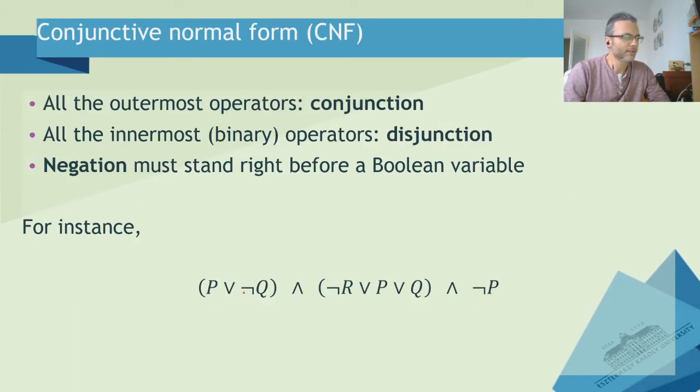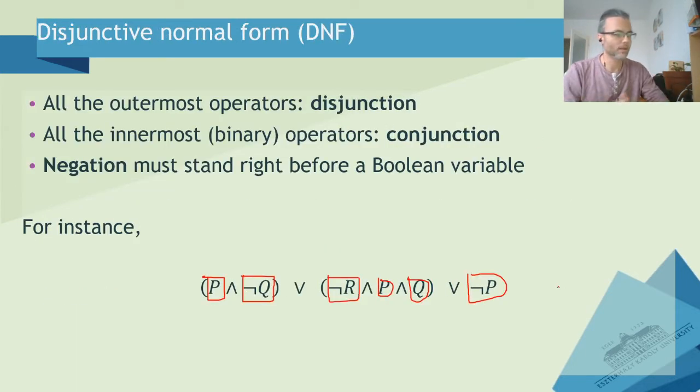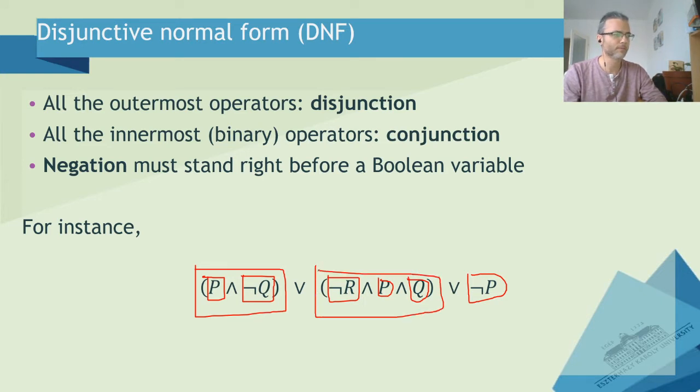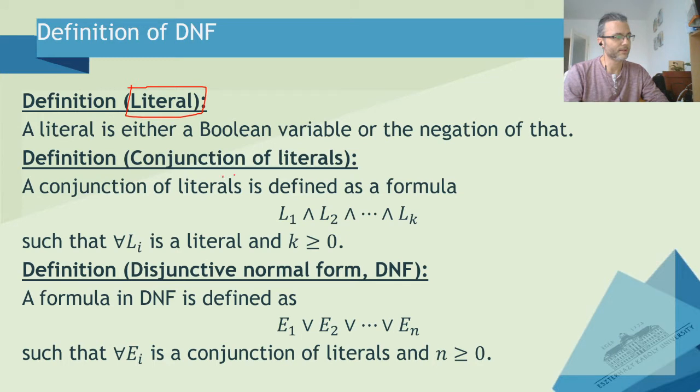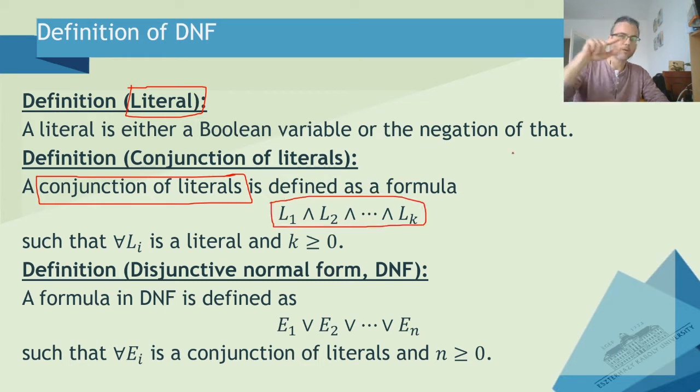Okay, so these are the literals here. Then the next layer of the formula is this one. So we basically connect our literals with conjunctions here or there, for example. These are what we call a conjunction of literals, basically. They look like that. You just connect all your literals with conjunction.